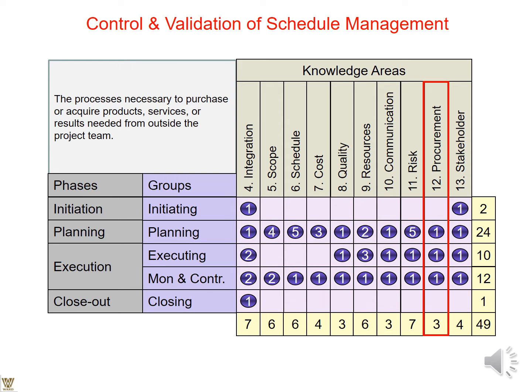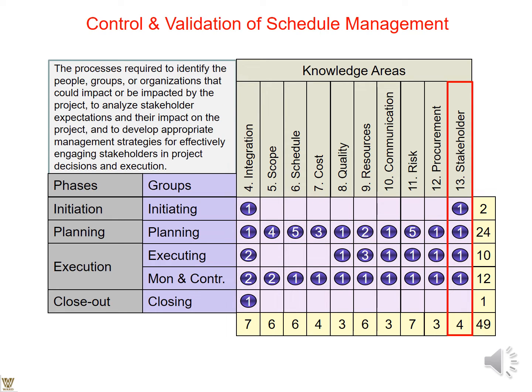As such, it's necessary to purchase the product and services needed from outside the project team without compromising on the quality. Remember, planning, executing, and monitoring and control, everything is a first-hand activity. Don't forget the buttons that have been utilized. I will definitely tell you why a particular activity is done in a particular fashion.